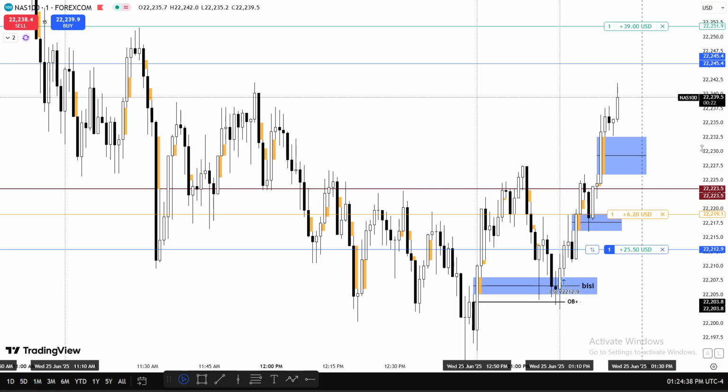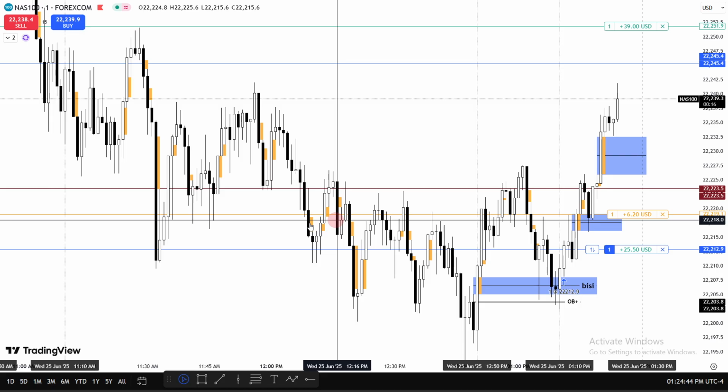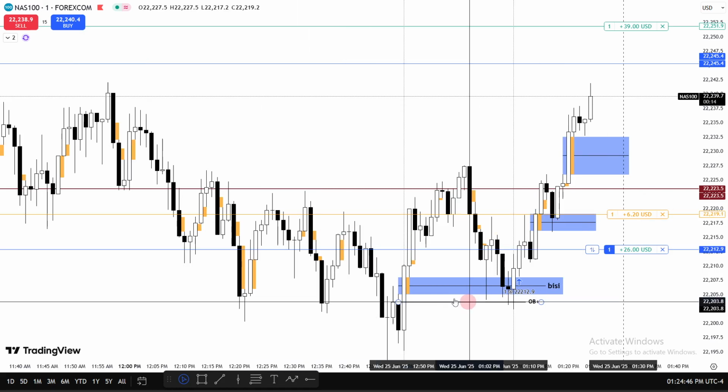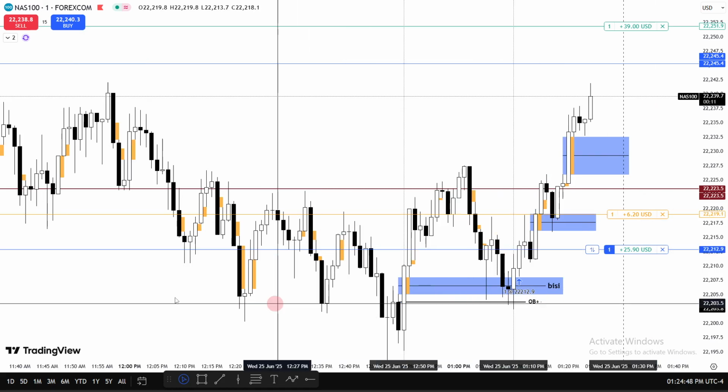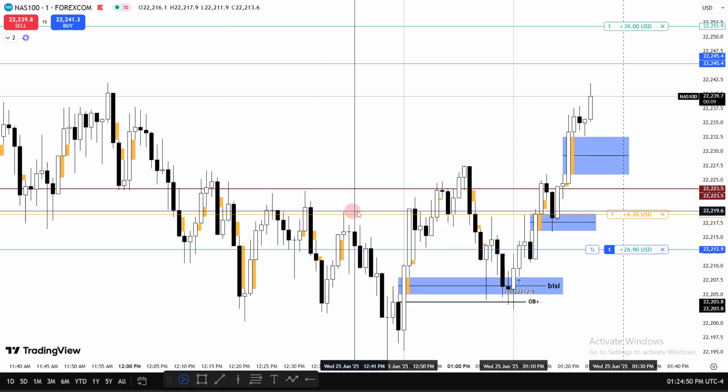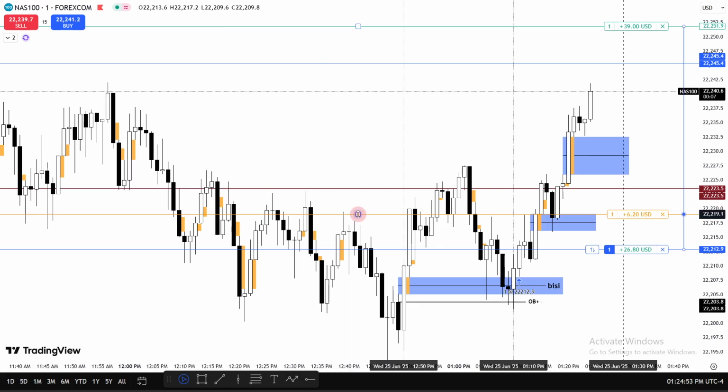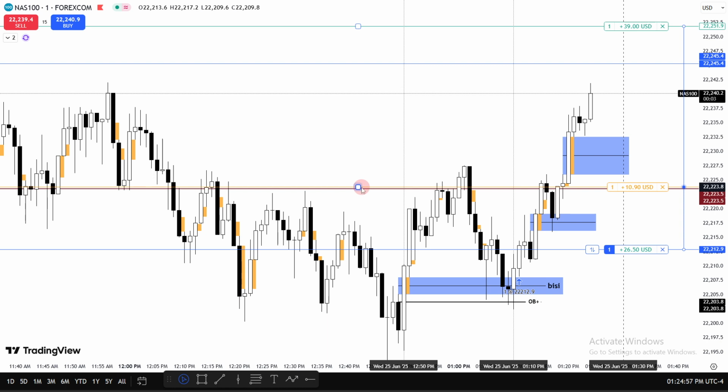And this is not buying and selling pressure, guys. Let me just clarify that once again. All this movement in price is delivered by the algorithm, and I don't think there should be any debate about it.